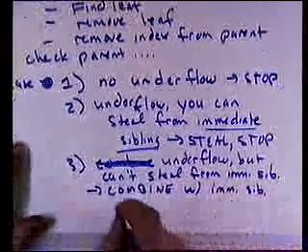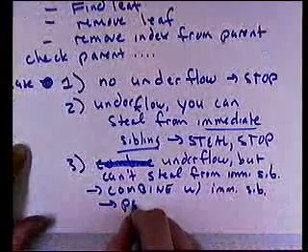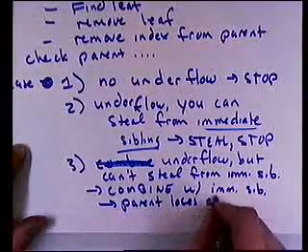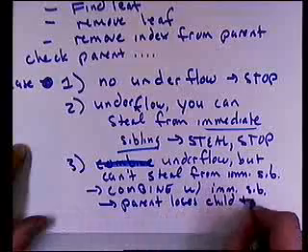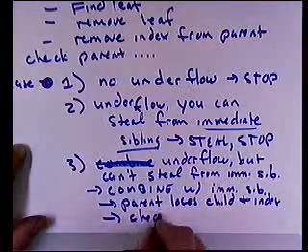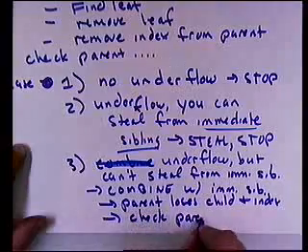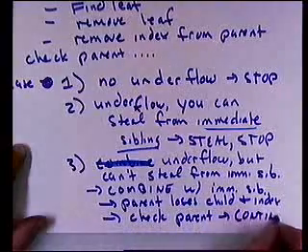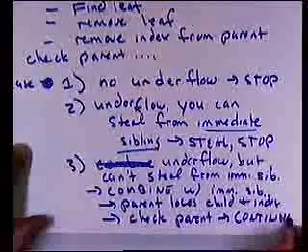Once you combine with the immediate sibling, then the parent loses a child and an index, and therefore you will check the parent. And that means this is a continue case, not a stop case.